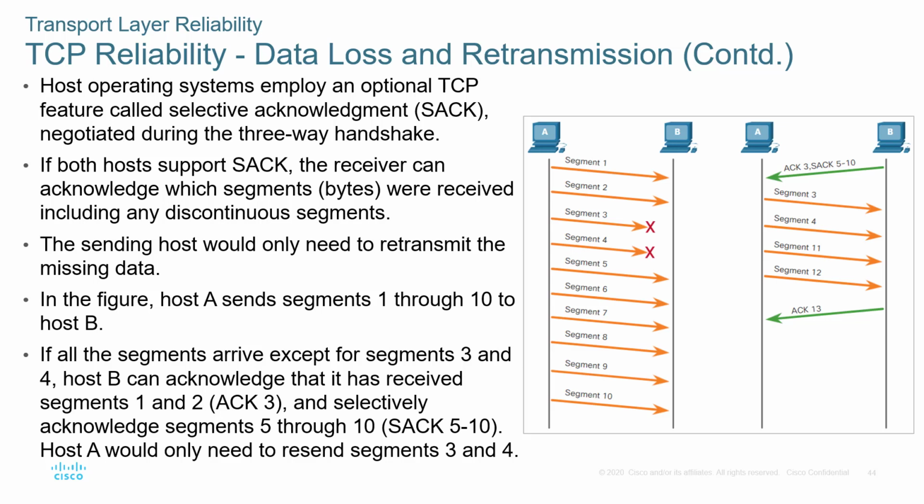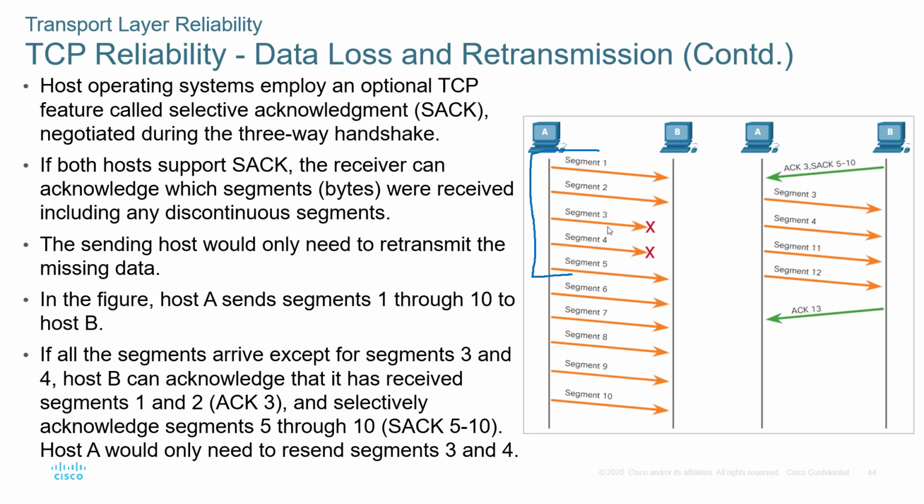If you did a window of, let's say, 5 segments, then every 5 segments you should get an acknowledgement. If you got segment 1, segment 2, and segment 5, but you didn't get 3 and 4, you should be able to say the selective acknowledgement is 1, 2, and 5. The ACK would then be 3.